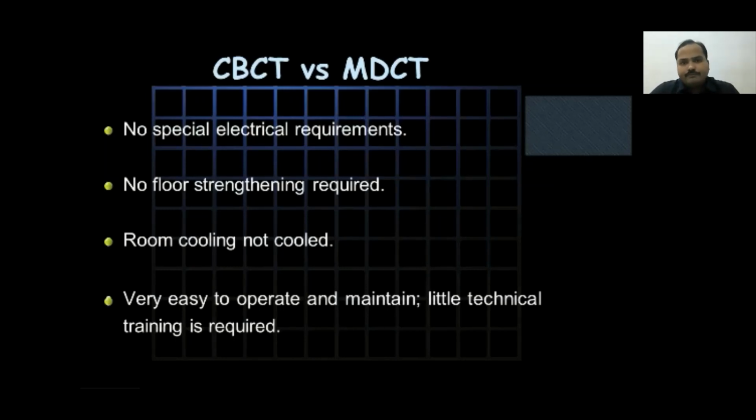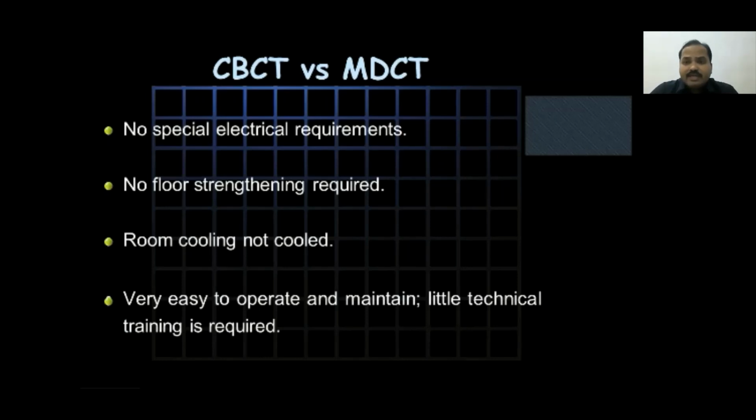So we are now going for a comparison between CBCT and the multi-detector CT, which is the conventional CT scanner. Both will have similar requirements for electrical details. No floor strengthening is required in CBCT, but it is required in MDCT. Room cooling may not be required in CBCT, but MDCT requires it.